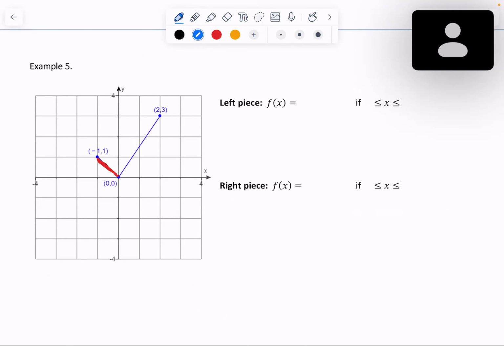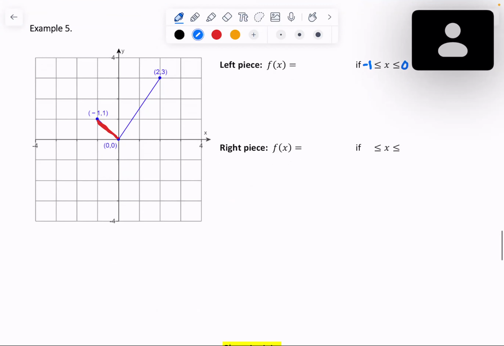The smallest value of x there is -1. The largest value of x is -1 to what value? It's from -1 to 0, right? Here.